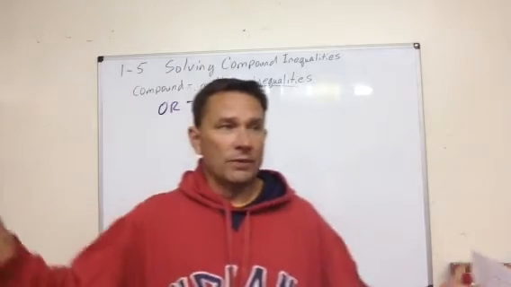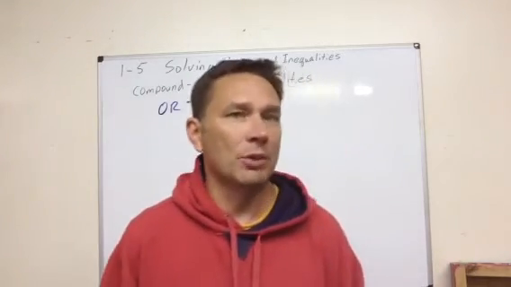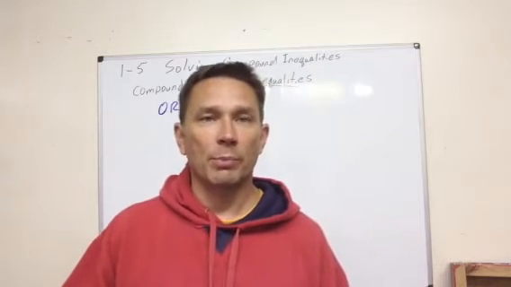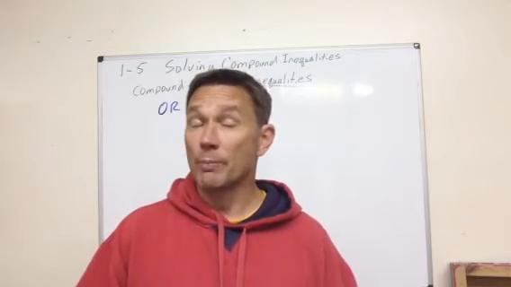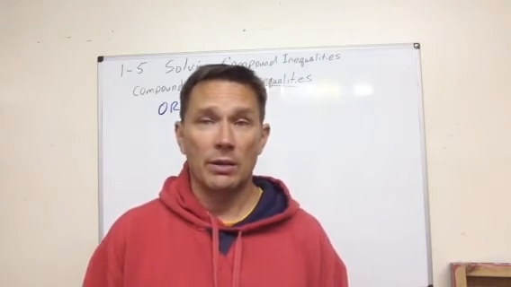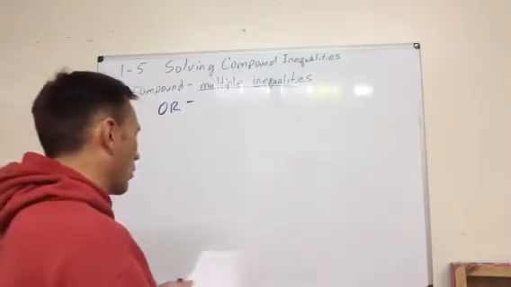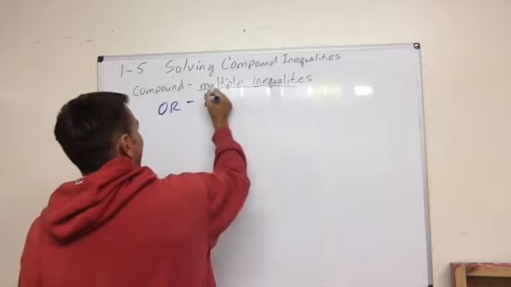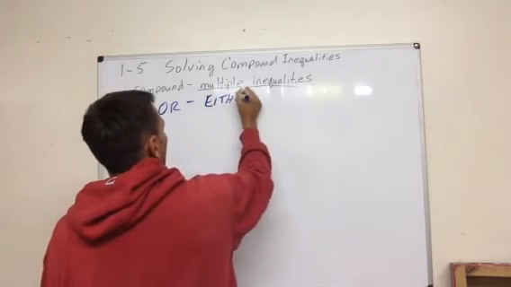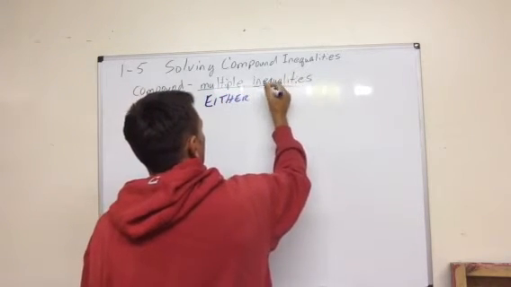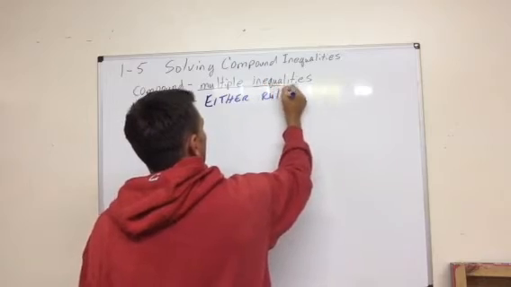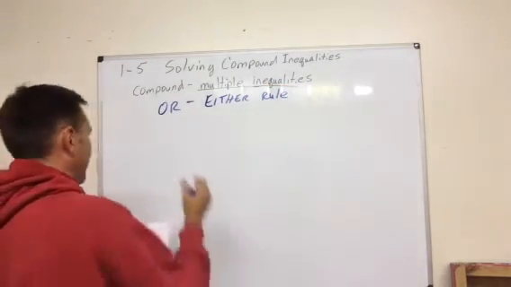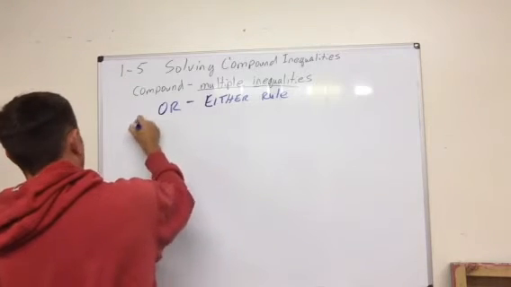For instance, for the people I want to choose on my team, they're going to be wearing a red shirt or they're going to be wearing a blue shirt. They don't have to be true for both, just for one. So that's what our graph is going to look like as well. So it could be either rule, and it'll be a solution. These will always be listed as "or"s.